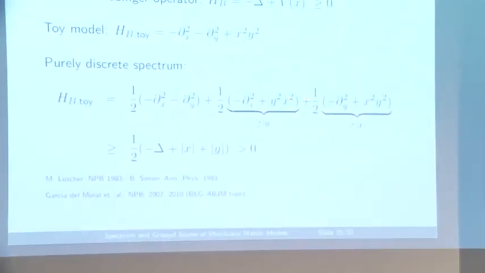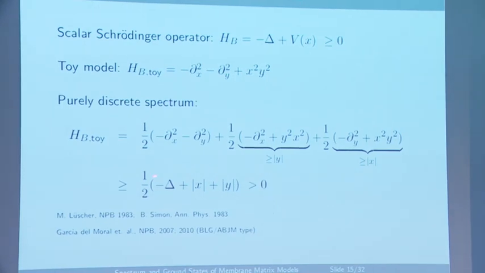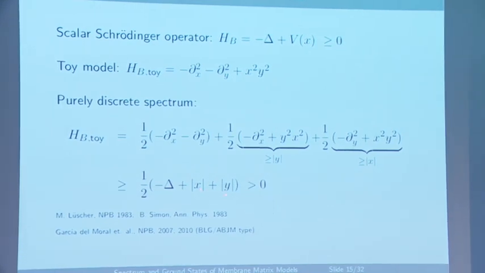So bounding from below with these parts, you get in total an operator which has a potential which goes to infinity in all directions. Because of this, it has compact resolvent, and so it has a discrete spectrum. And also it cannot have a zero eigenvalue. You can see this, for instance, by Sobolev inequality or something like this.